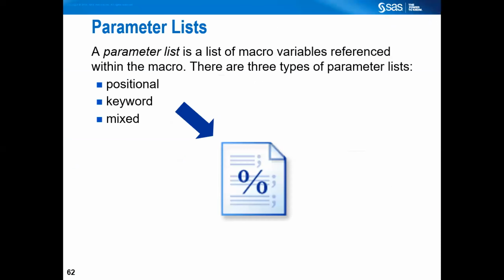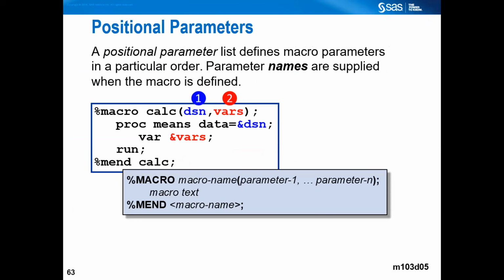So there are three ways you are passing the parameter list. This parameter list is a list of macro variables referenced within the macro program. There are three types of parameter list: positional, keyword, and mixed. This is what the positional parameters are. A positional parameter list defines macro parameters in a particular order. Parameter names are supplied when your macro is defined. So the first position is DSN, the second position is vars.